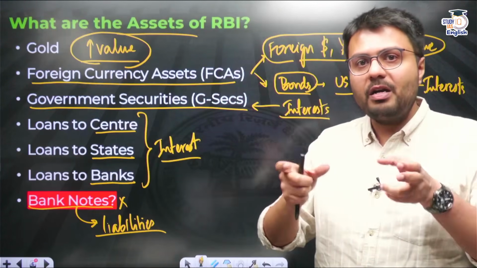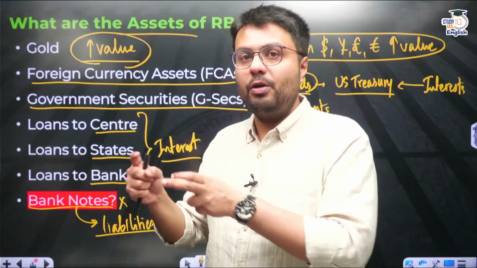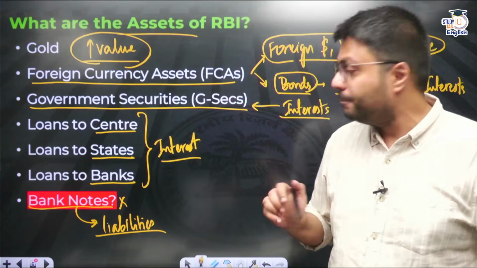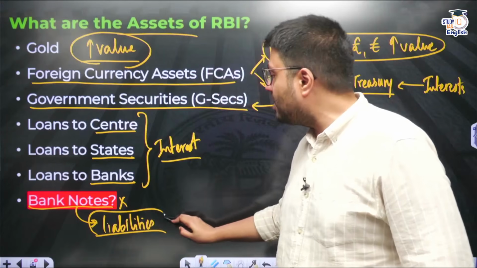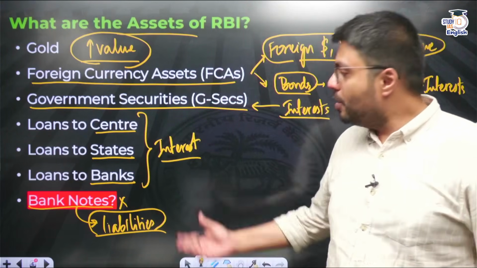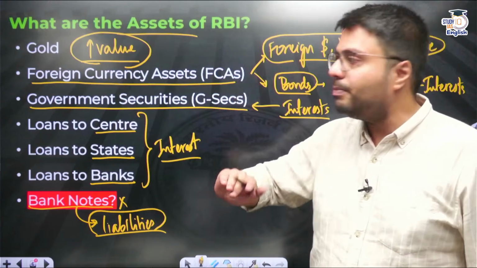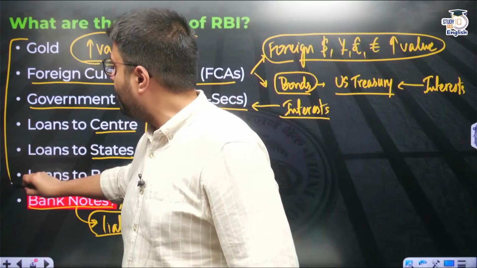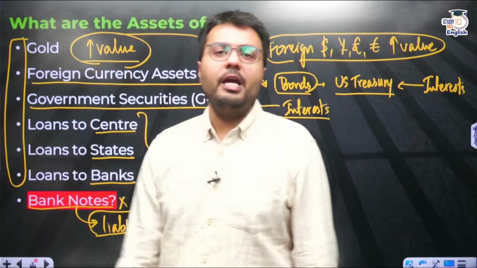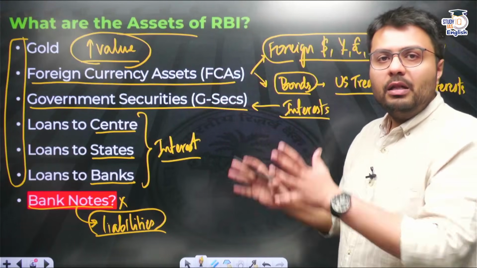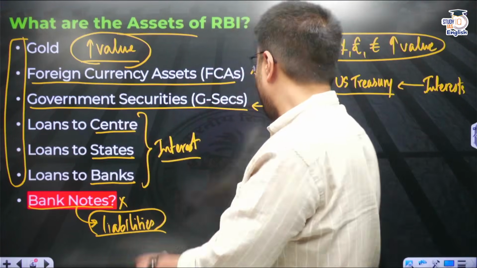The RBI governor promises to pay the bearer of that note the sum amount of the face value of that note which is printed on it. So that means that all the notes are liabilities of the RBI. So RBI does not get profit from printing of the notes. Please remember, RBI makes profit from its assets, the ones that I have enumerated right now. Understood? So these are all the sources of income for RBI.